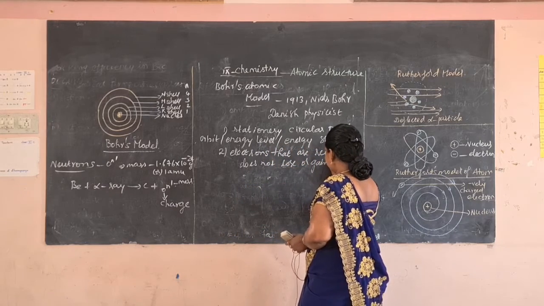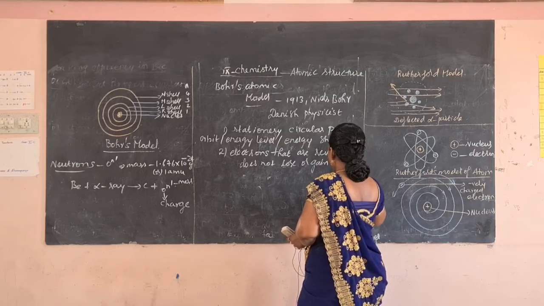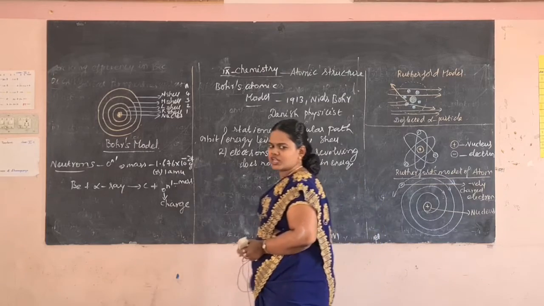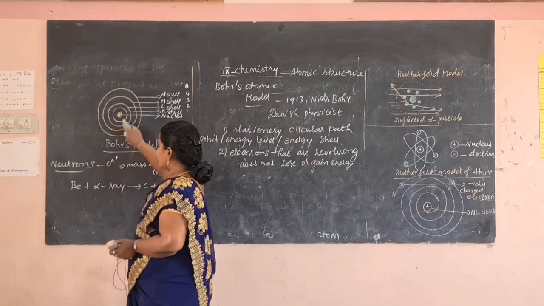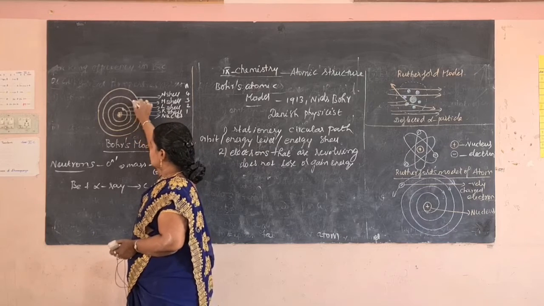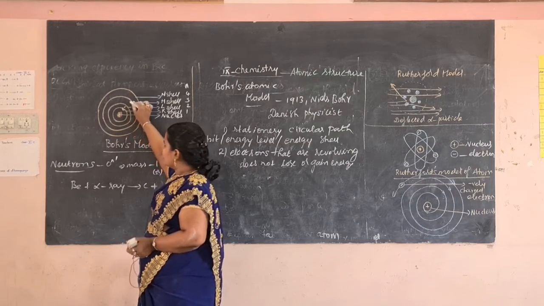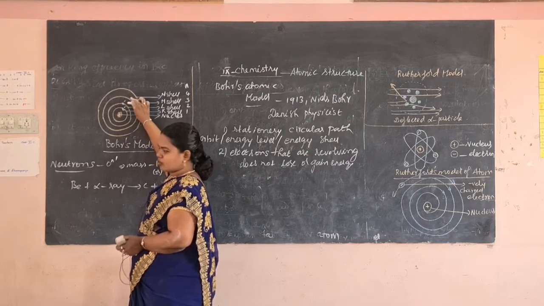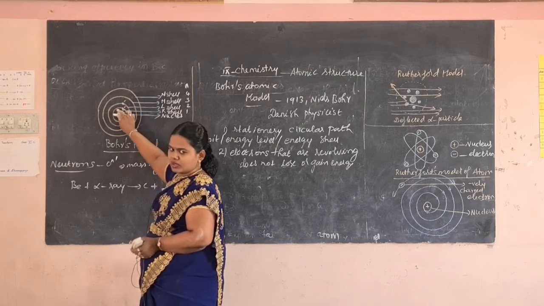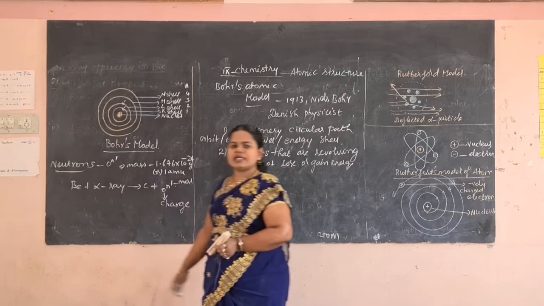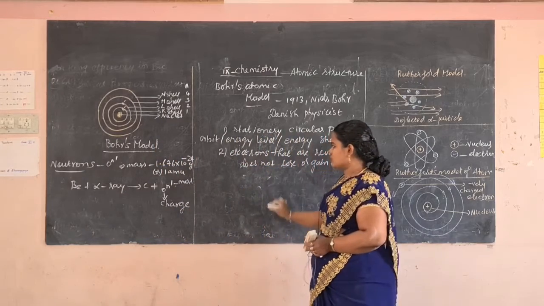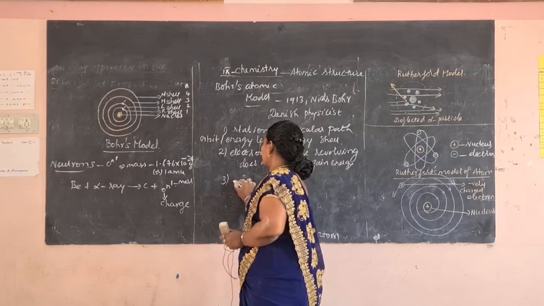But when an electron wants to move from one energy level to another energy level, suppose there is an electron here, and this electron has to move to a higher energy level, or to a lower energy level, it must absorb or release some energy.